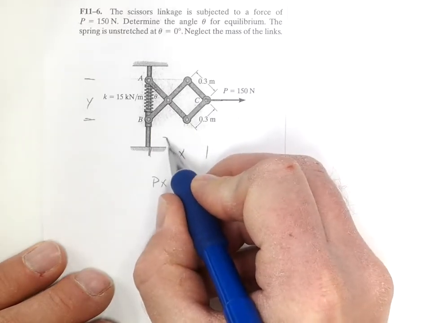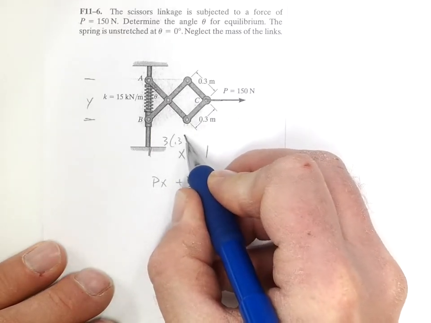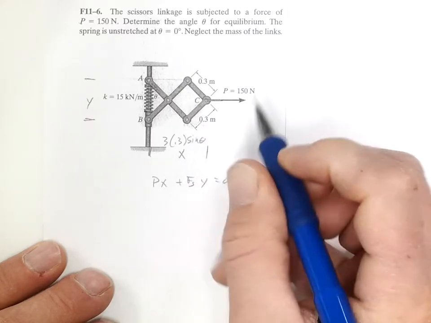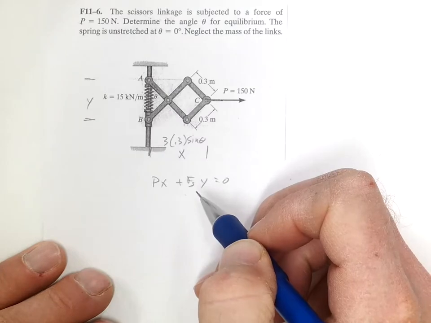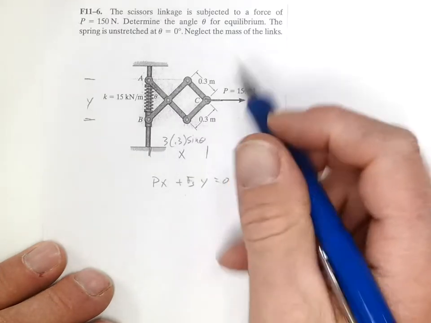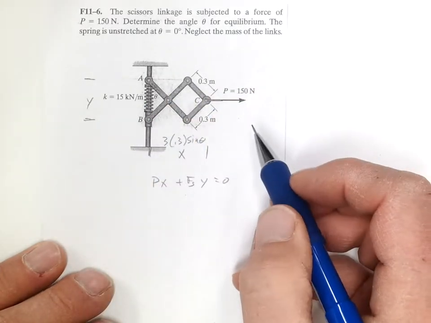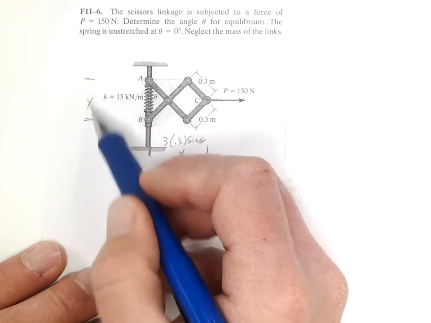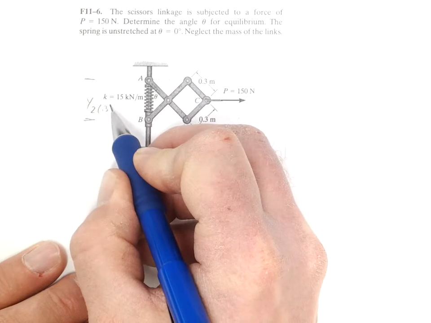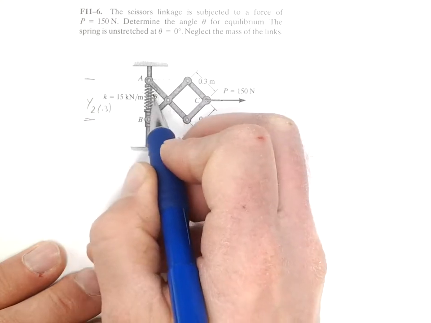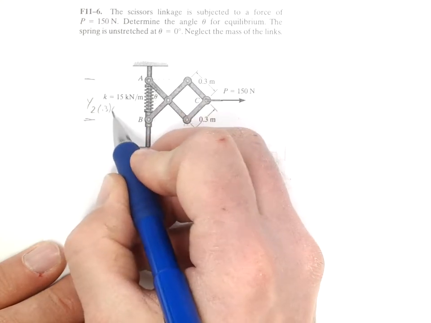So this is 3 times 0.3 sine theta, because there's 3 of those distances. Now Y here is going to be 2 times 0.3, and this time would be cosine theta.